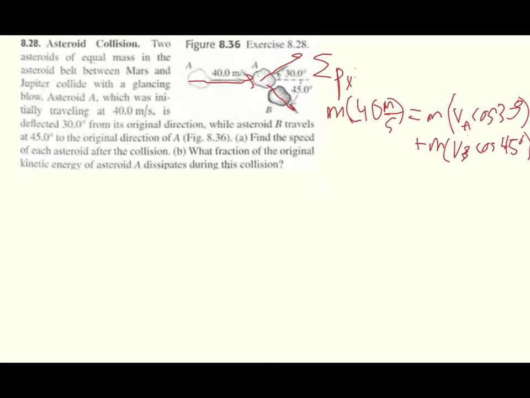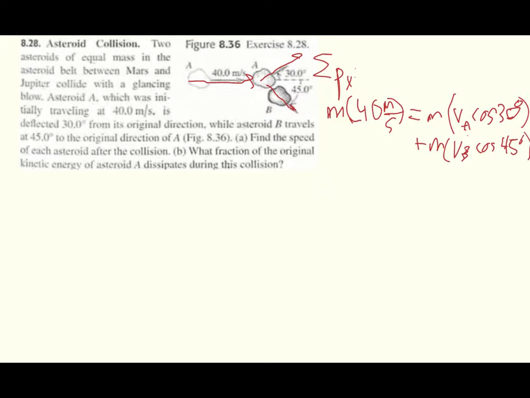Notice all the m's divide out, so we cancel them, and I'm going to sub in the numbers. The cosine of 30 is root 3 over 2, or 0.866. The cosine of 45 is root 2 over 2, or 0.707.